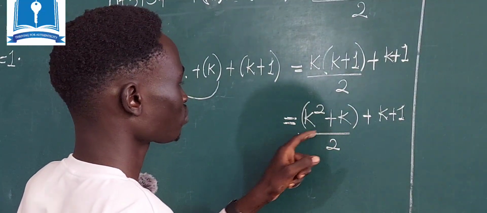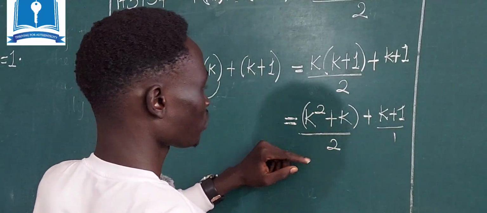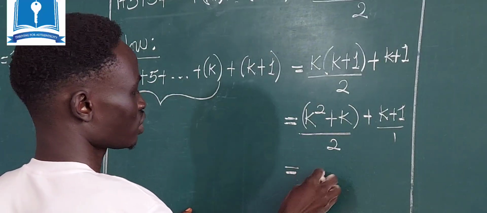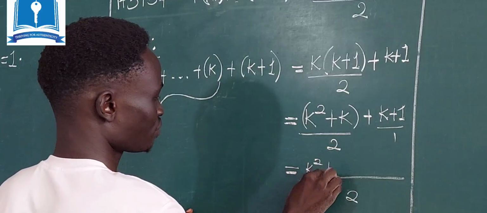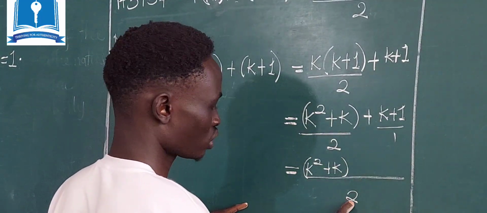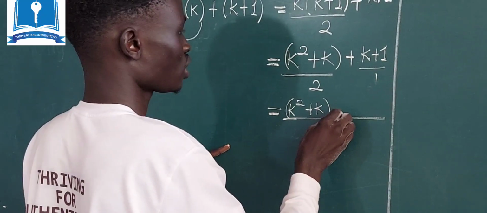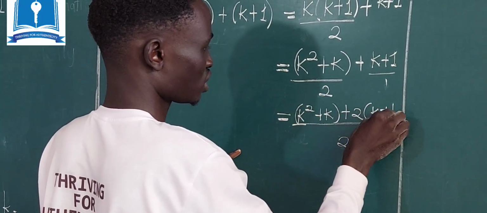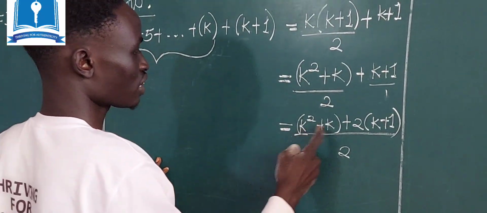So now let us get the LCM. Since 2 and 1, the LCM is 2. So the LCM will be 2, then our 2 will plus 2 times k plus 1.